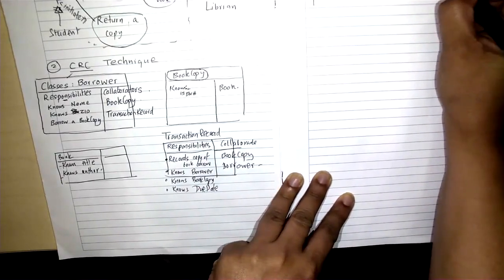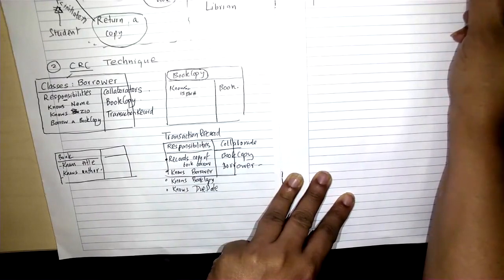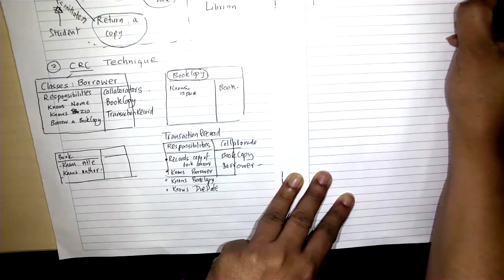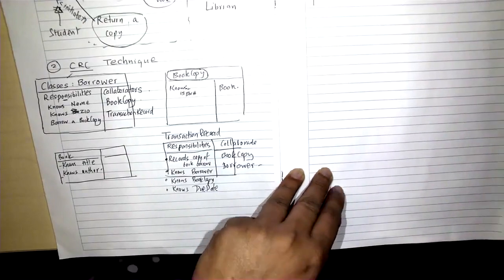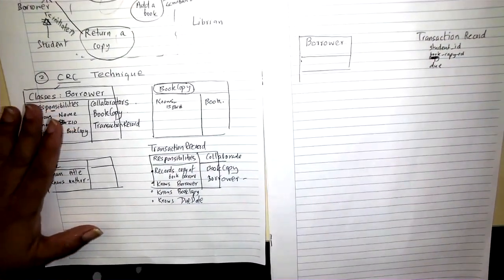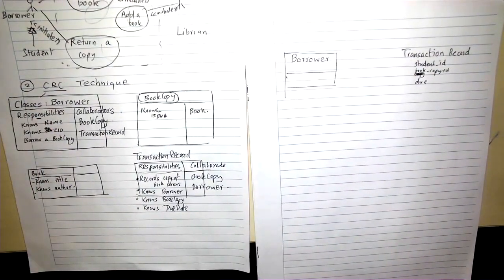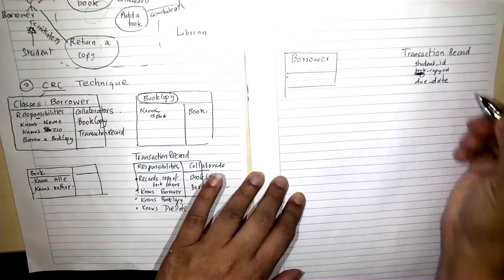Each transaction is going to record the student ID, the book copy, say an ID number, and the due date.